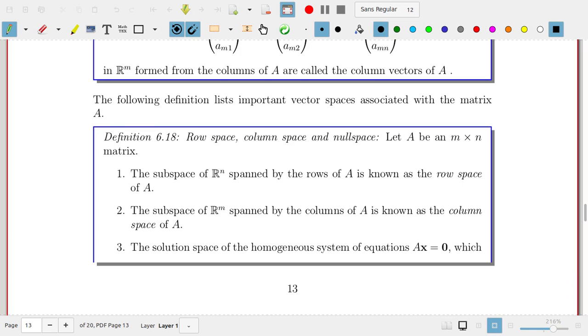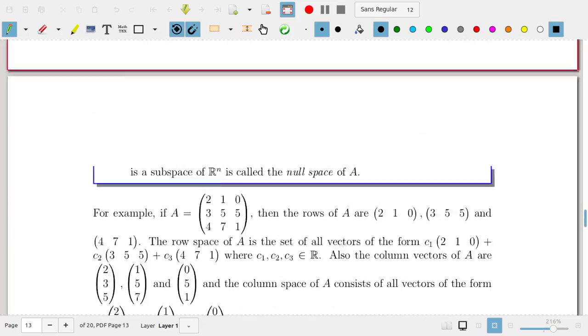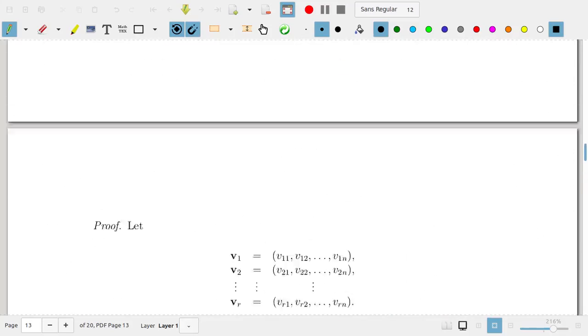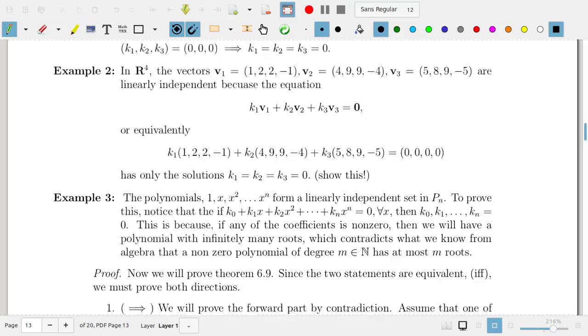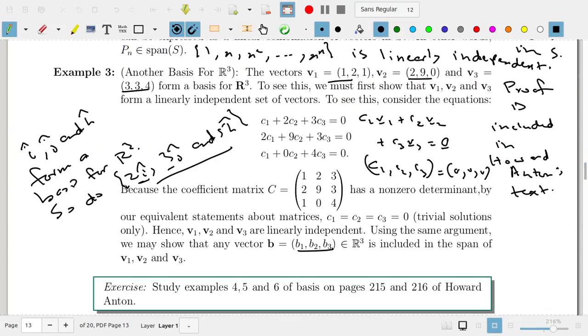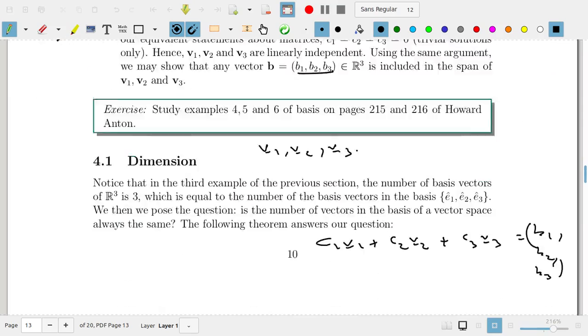And the solution space of the homogeneous system Ax equals 0 is known as the null space of A. For example, previously when we solved these equations, if you recall, we solved a homogeneous equation.